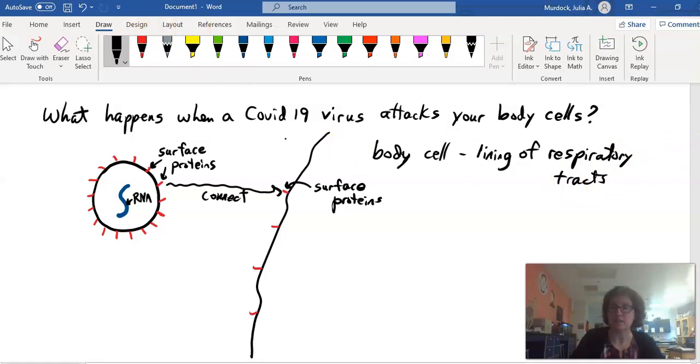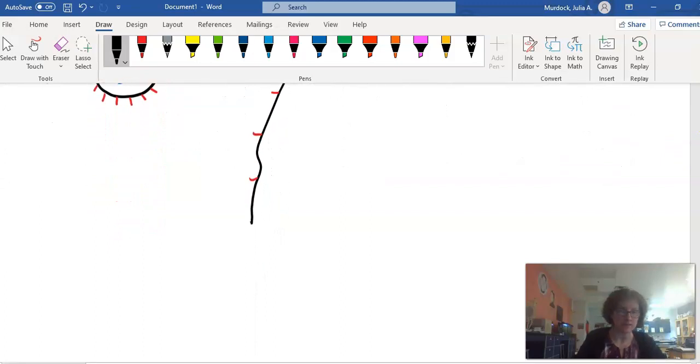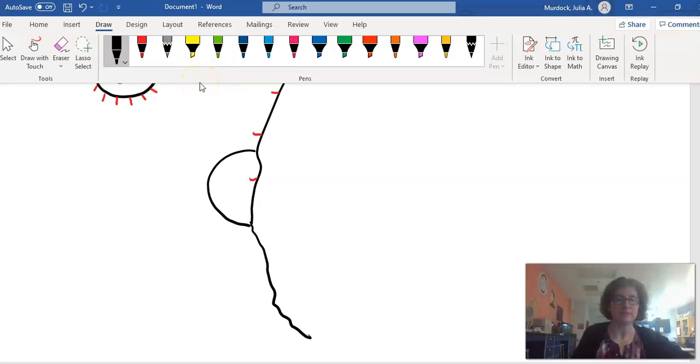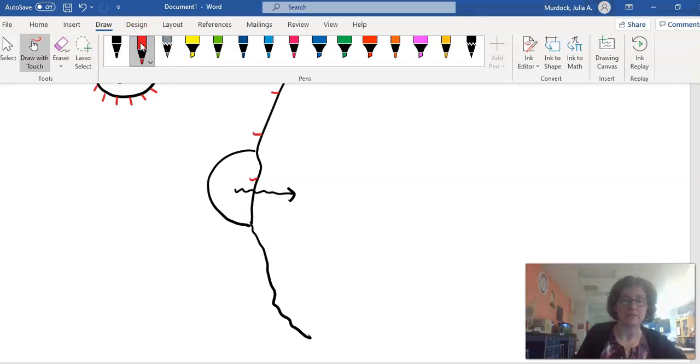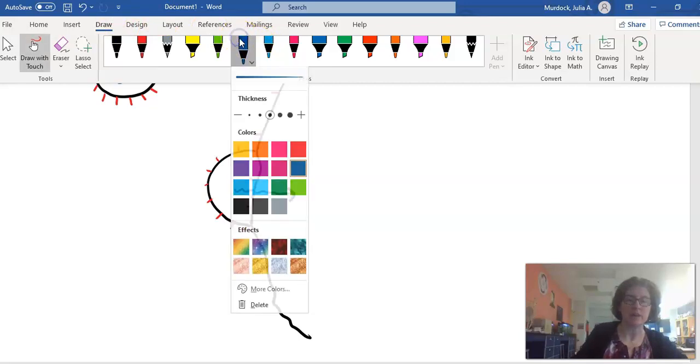Now the next thing is that the virus is going to inject. So here's the continuation: it has connected with the surface of your cell. Let me just make sure you understand that it's still the virus, still a coronavirus, but now it's kind of meshed with the surface of your cell, and it's sending in that bit of RNA.